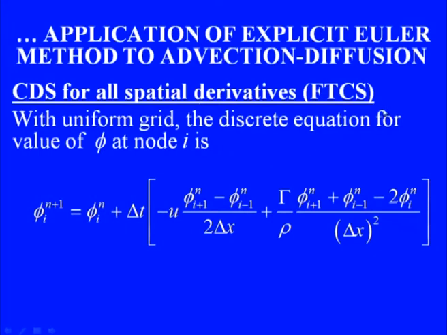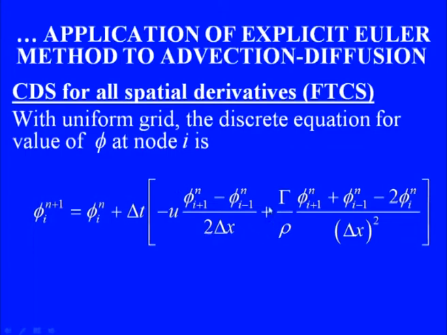So now let us say we choose a uniform grid and we use central difference scheme for all spatial derivatives. That will again lead to what we call the FTCS scheme. So the discrete equation for the value of phi at node I is phi I n plus 1 is phi I n plus delta t times minus u times phi I plus 1 n minus phi I minus 1 n divided by 2 delta x.